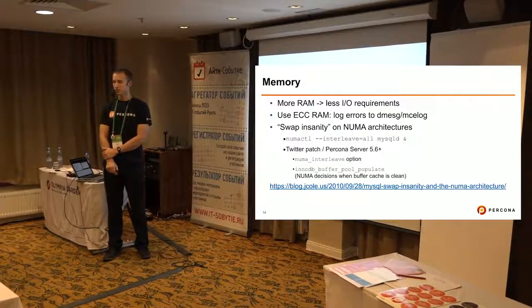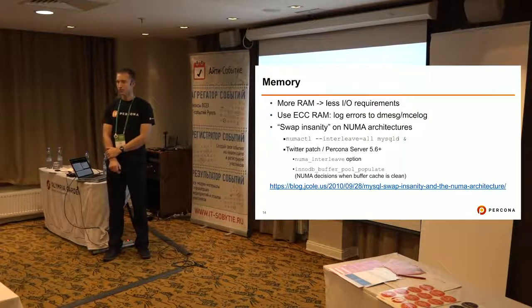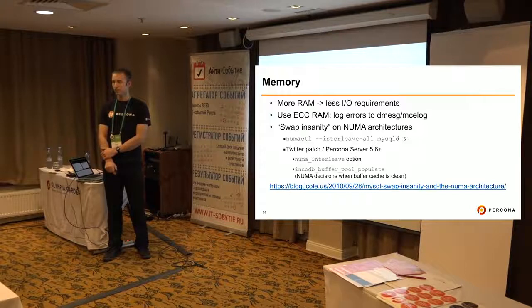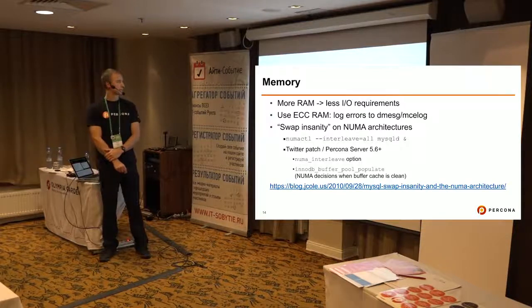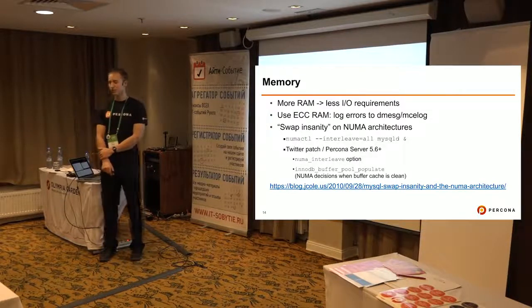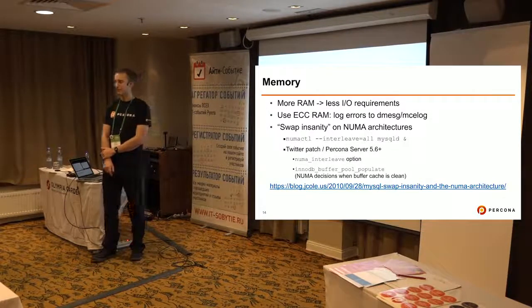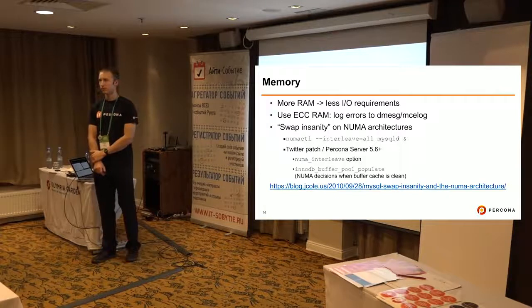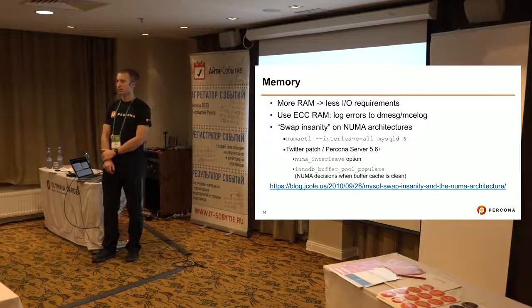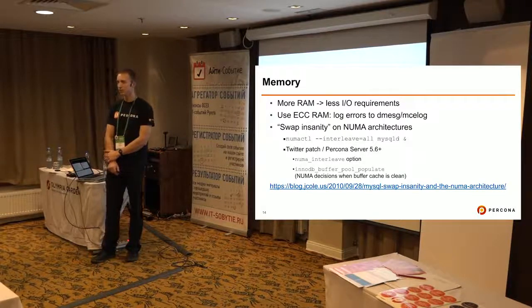And the second usage of ECC memory is to correct memory errors and allow the server to keep working even if there is a memory fault. But this is usually not a problem for databases with replication, because with replication we can just shut down the instance with corrupted memory and forget about it until the hardware is replaced. So if you are asking just about ECC memory, yes, it slightly reduces performance.